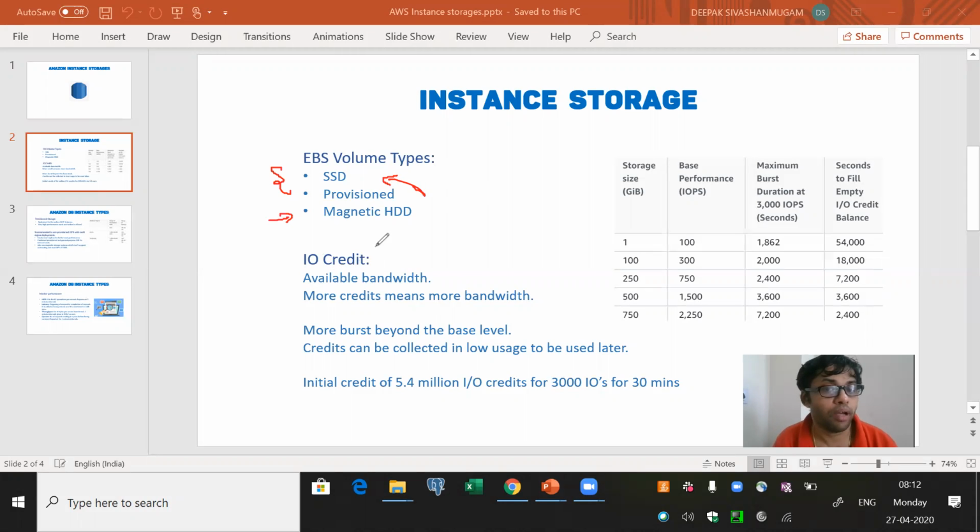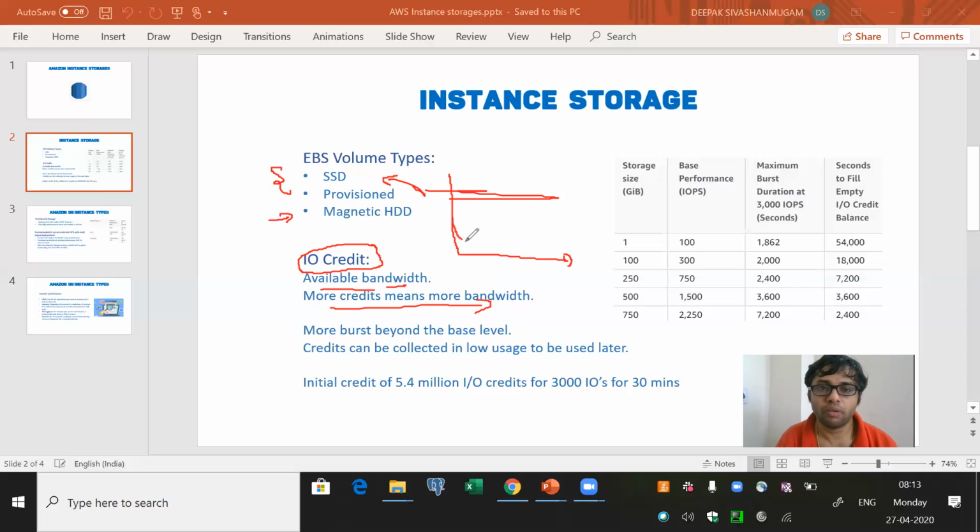And you have the concept of IO credits. When you're not using your database much, you accumulate credits. Say you're expecting your workload over time to look like this, but the actual workload is sometimes very high and sometimes low.